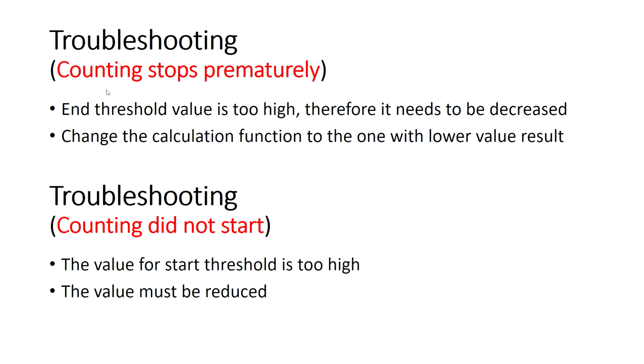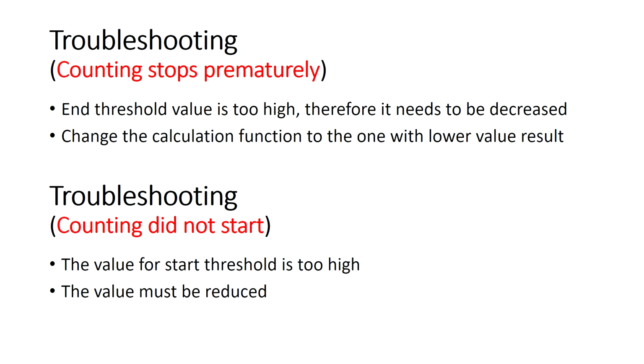The second error is caused if the counting stops prematurely. So in this case, the end threshold value is too high, therefore it needs to be decreased. Like in the previous example, the average has a higher value compared to the median. Therefore, if you use average as your baseline, then you should change it to median, or even change it to quartile 1 if there is a lot of tail coiling activity.